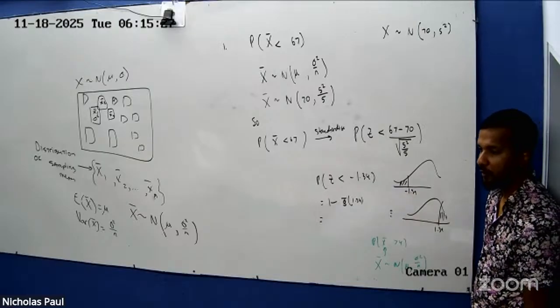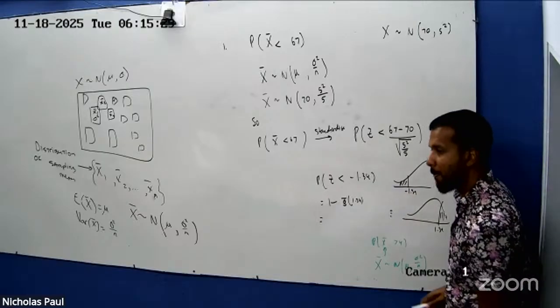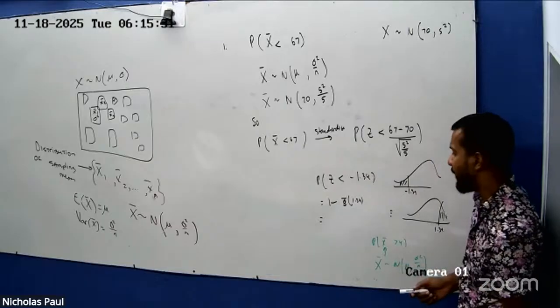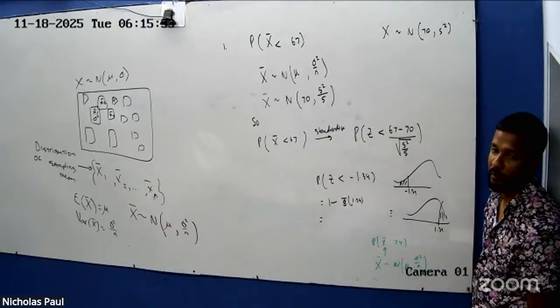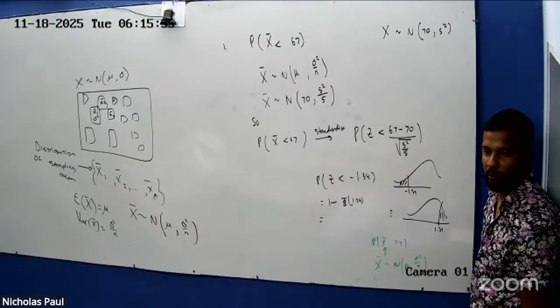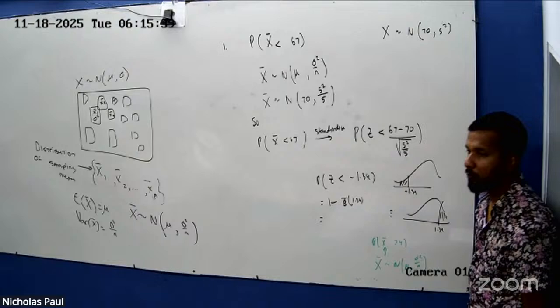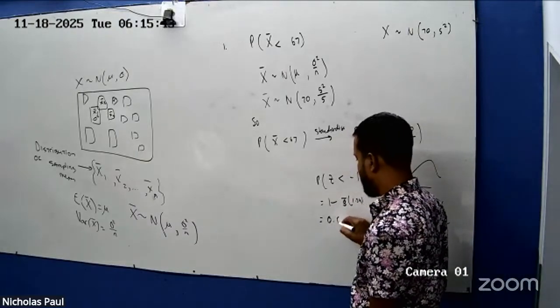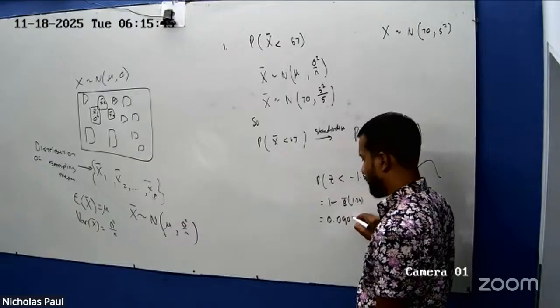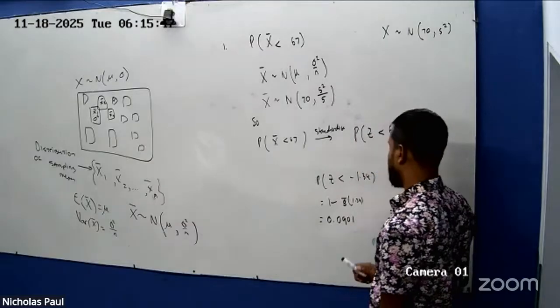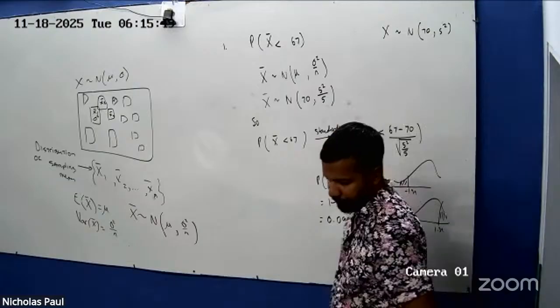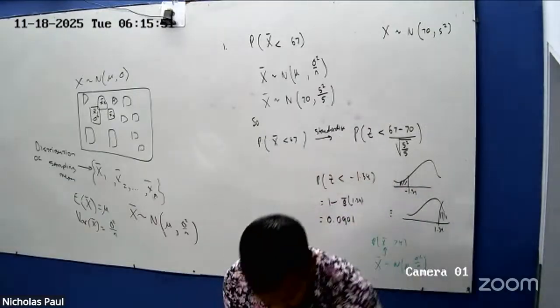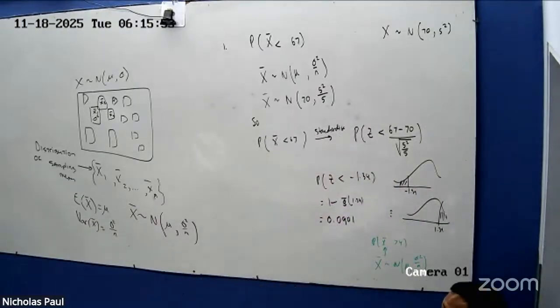How much did you get? 1 minus phi of 1.34. Zero point. Anybody get that?